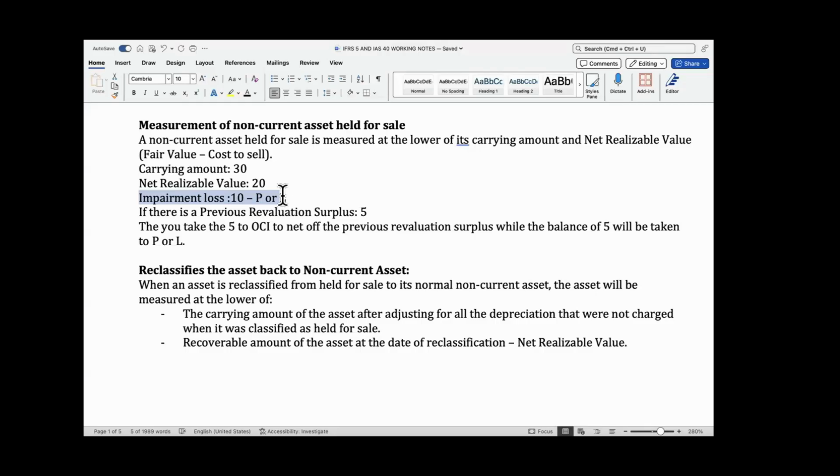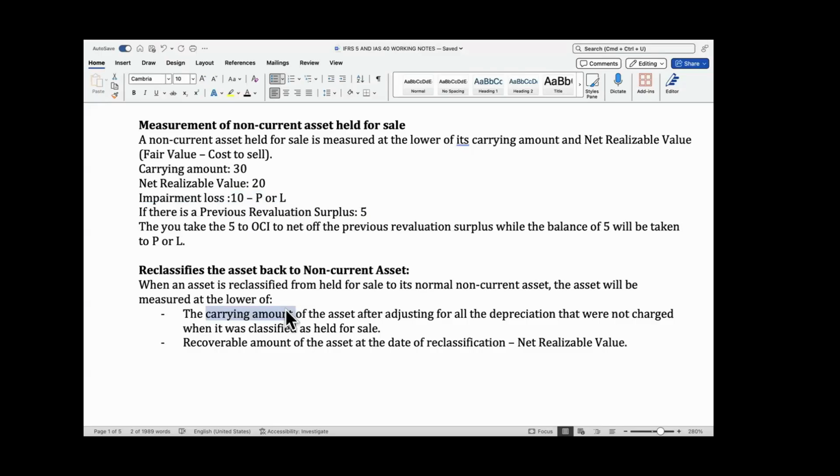However, when you now want to reclassify the asset back to non-current asset, the message here is that when you want to measure, you are going to compare the carrying amount of the asset, adjusted for all the depreciation you did not charge.